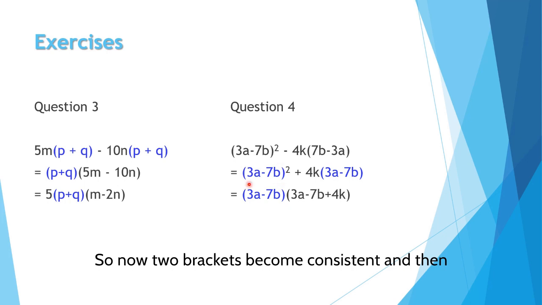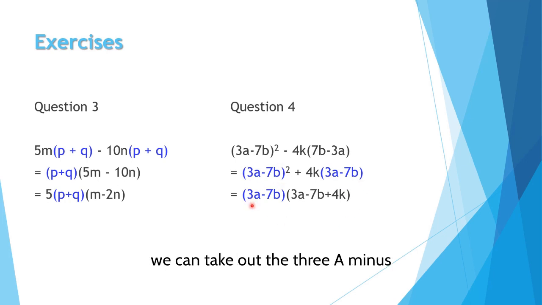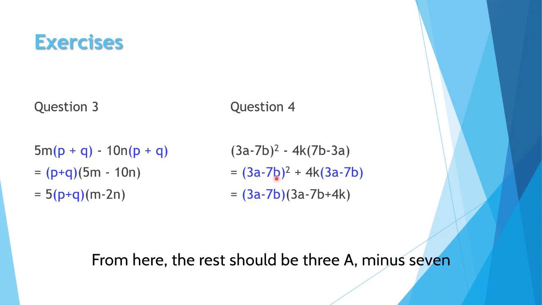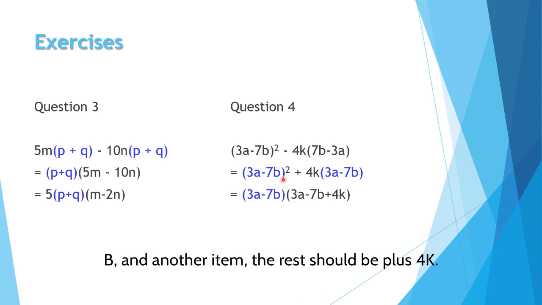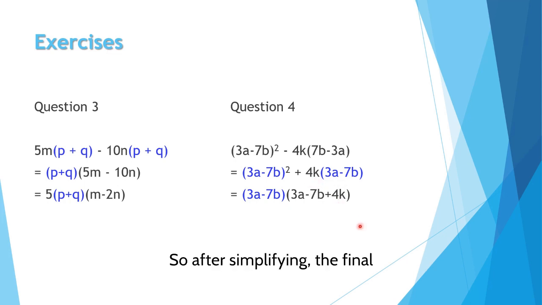So now 2 brackets become consistent. And then we can take out the 3a minus 7b, and then all the rest. From here, the rest should be 3a minus 7b. And another item, the rest should be plus 4k. So after simplifying, the final answer should be this one.